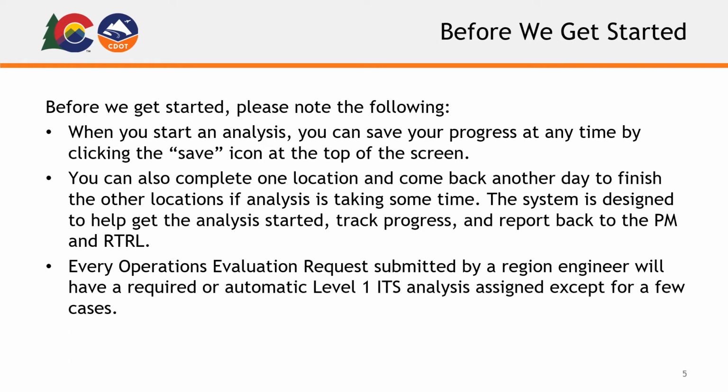This system is designed to help get the analysis started, track progress, and report back to the project manager and RTRL. Every operations evaluation request submitted by a region engineer will have a required or automatic Level 1 ITS analysis assigned, except for a few cases.